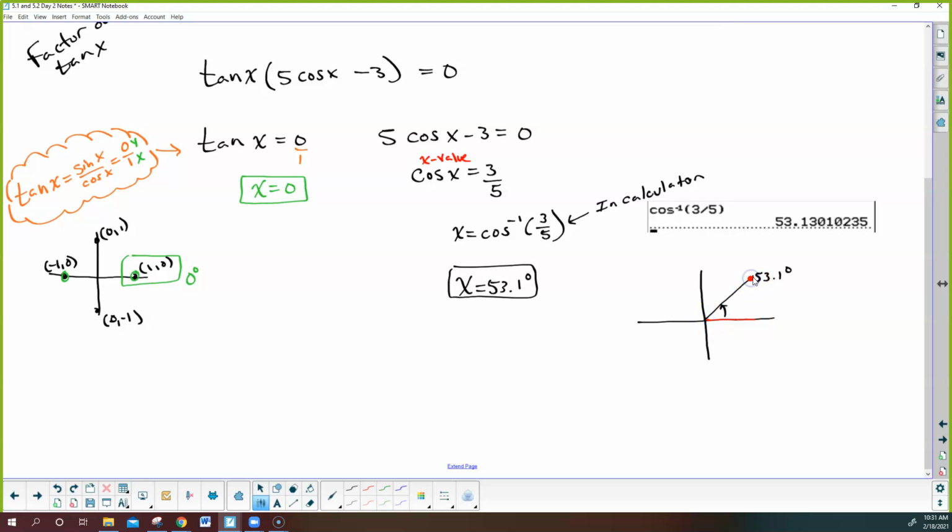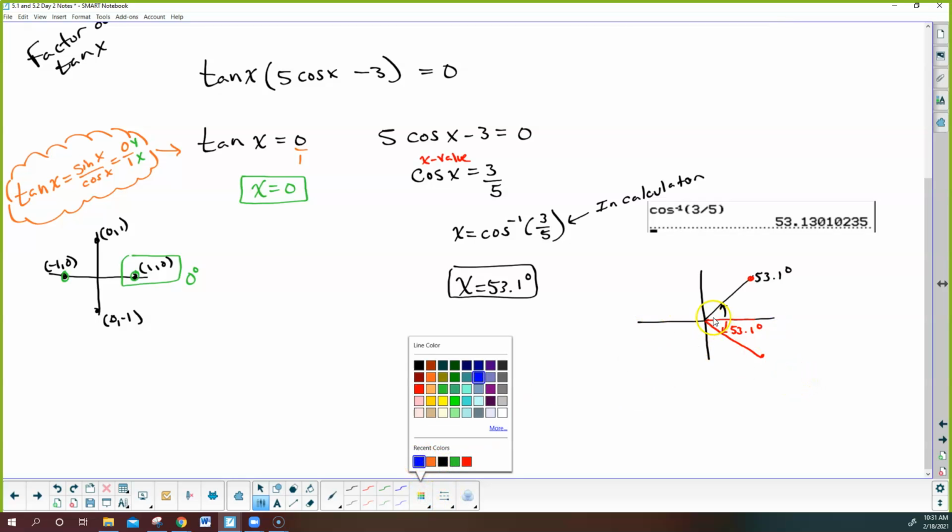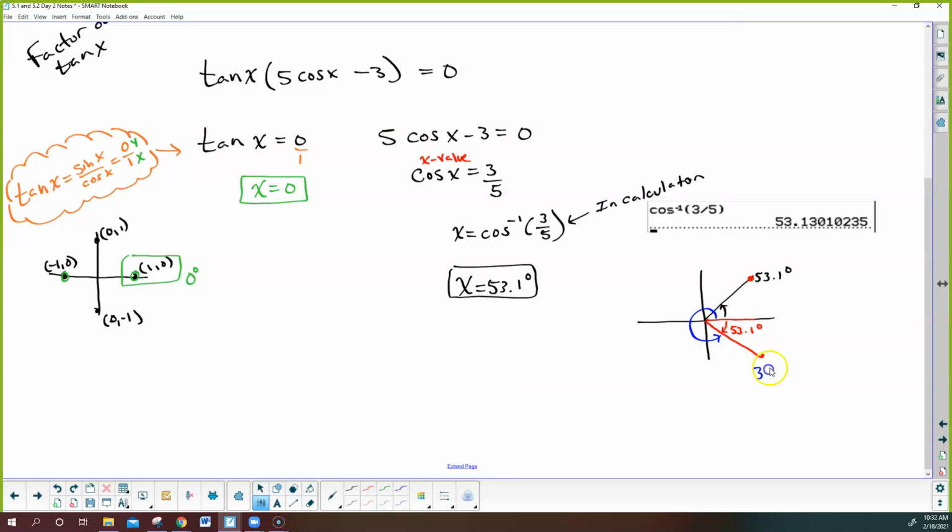So then all I would do is take this 53 degrees and reflect it down here. And my reference angle is 53 degrees, 53.1. But I don't want that answer, right? I want the answer between 0 and 360. So I've got to go all the way around and do 360 minus 53.1. Now, some students are thinking, do I have to draw that? No, if you can know all this in your head, you don't have to show any of this work, right? You can just do it.